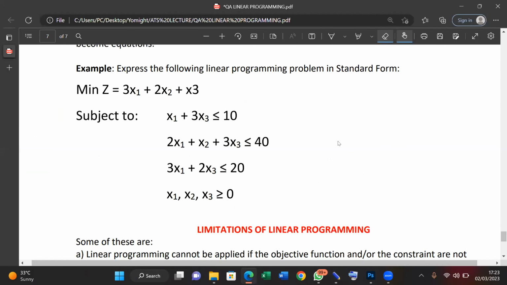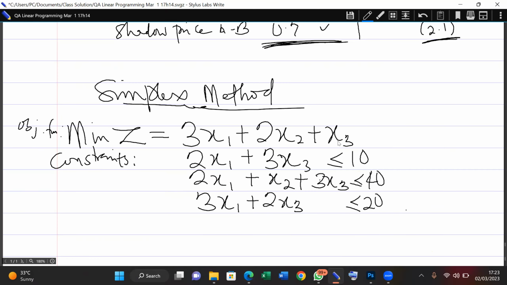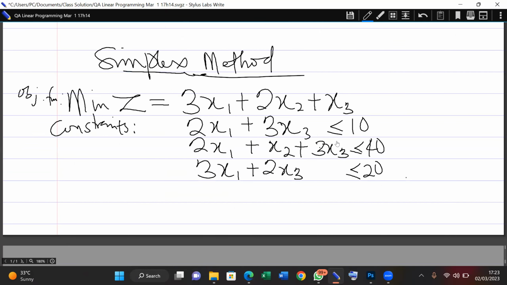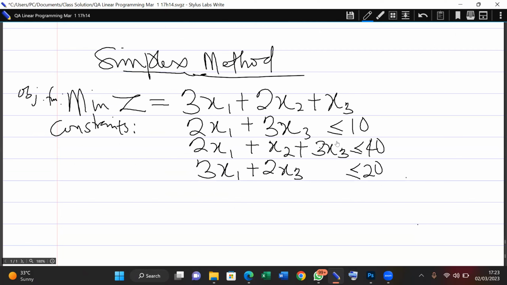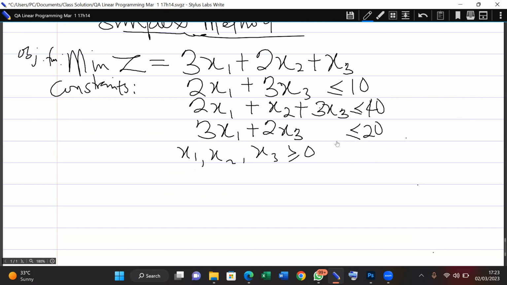And the next one, 3x1 plus 2x3. Okay, that's all. Then our non-negativity is that x1, x2, x3 will be what? Okay, we can write x1, x2, x3 greater than or equal to 0. Now, this is the standard.